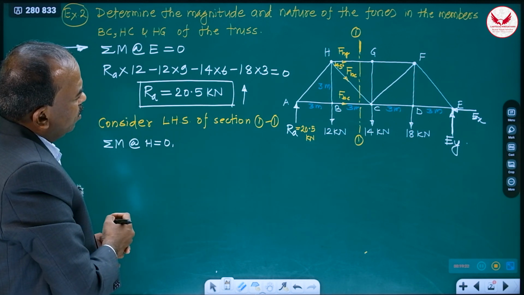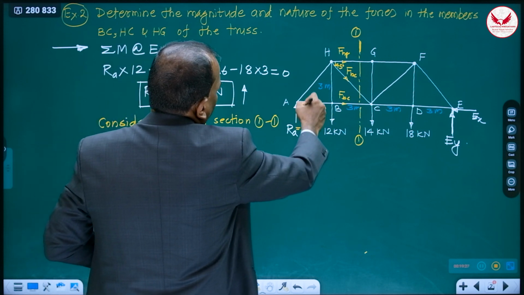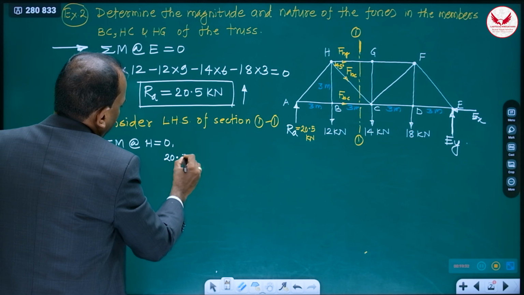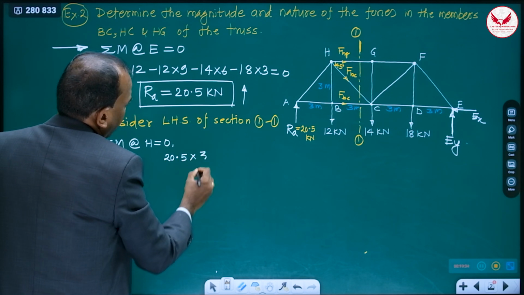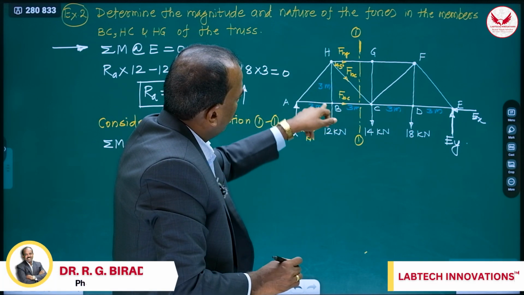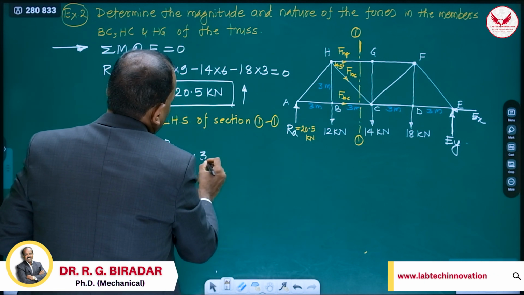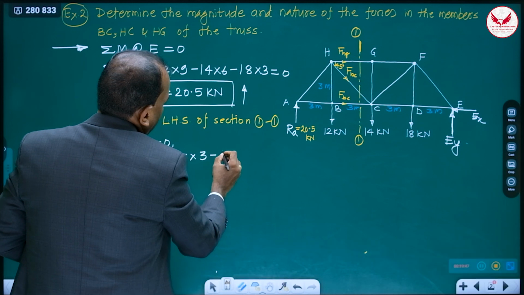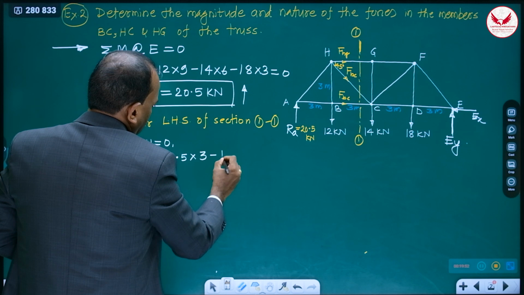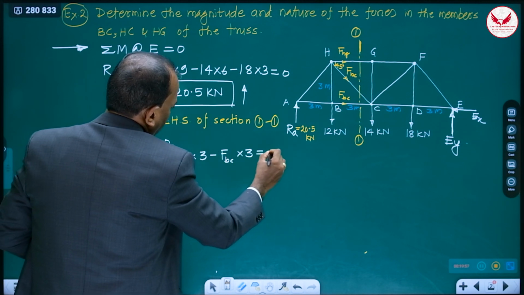Those 2 unknowns are meeting at H, so there will not be any moment from them. The moment of RA about H is clockwise, 20.5 into 3. The moment of these 2 forces is 0. It is clockwise and BC is anti-clockwise, minus FBC into also 3, equal to 0.